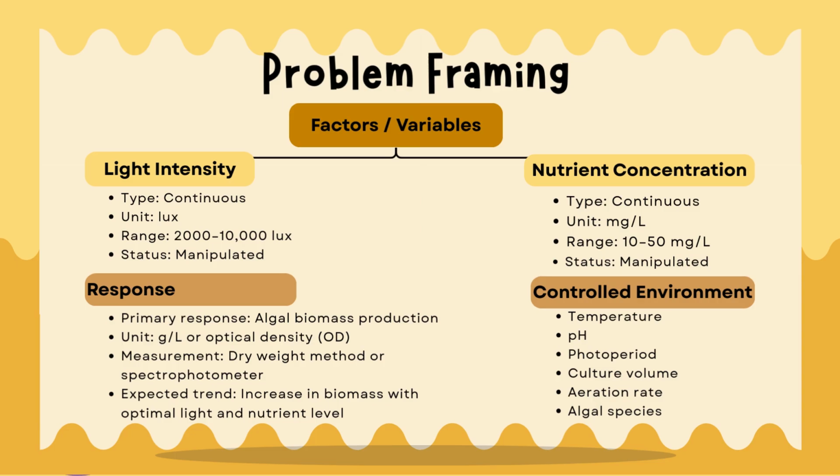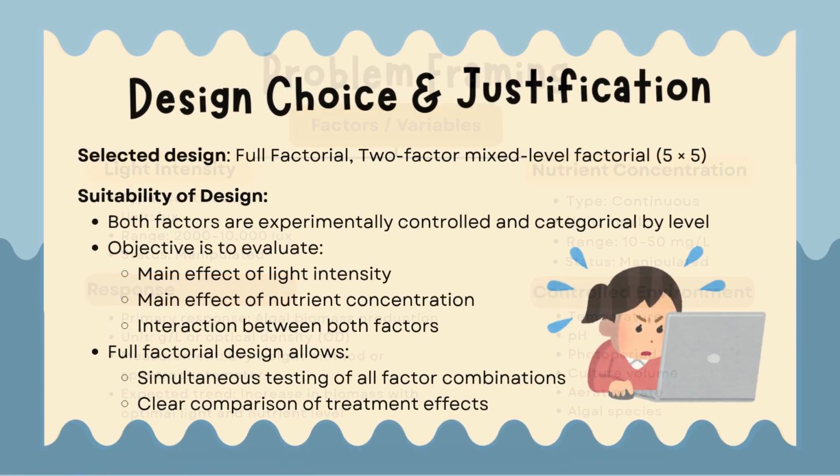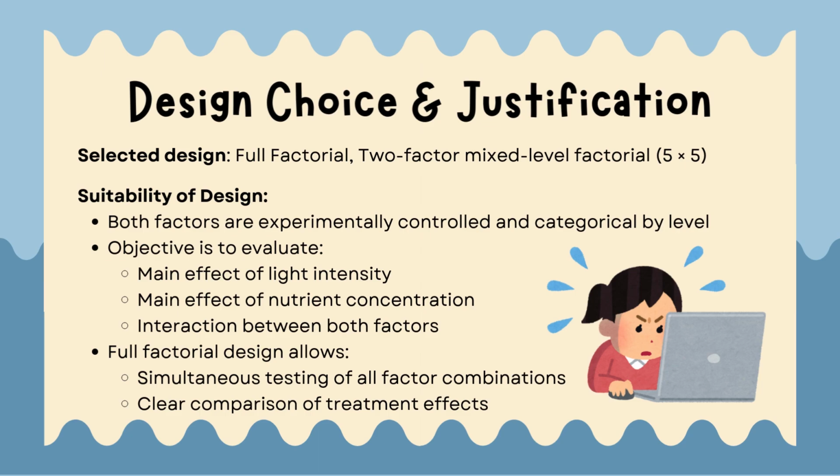The primary response measured is algal biomass production. Biomass is measured either as dry weight in grams per liter or as optical density using a spectrophotometer. We expect biomass to increase under optimal combinations of light intensity and nutrient concentration. For this study, a full factorial design was selected, specifically a two-factor mixed-level factorial design.